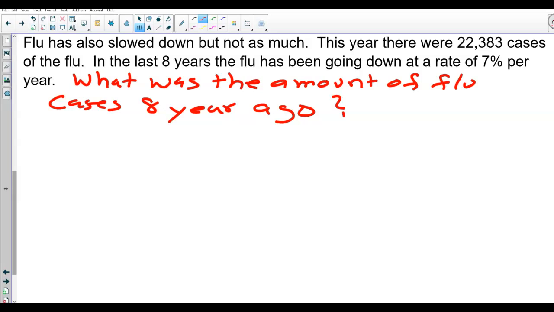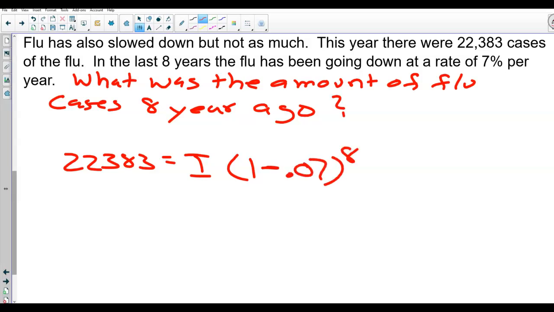So, I ended up with 22,383 cases. My initial amount went down by 7% per year over 8 years. I'm just putting the numbers into the formula.